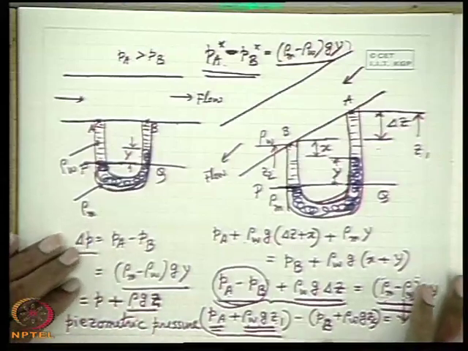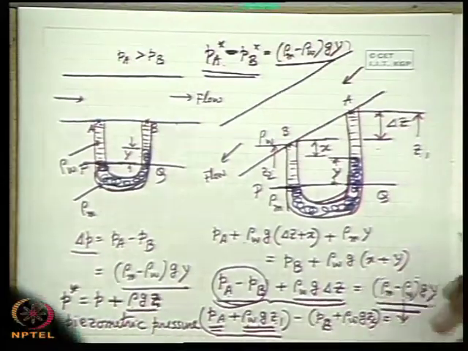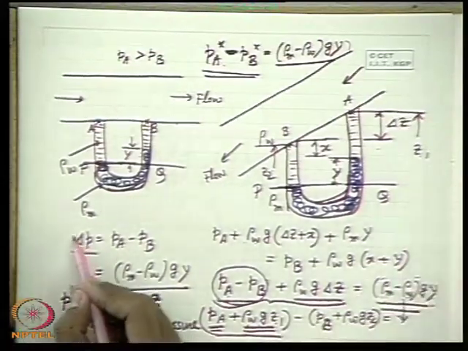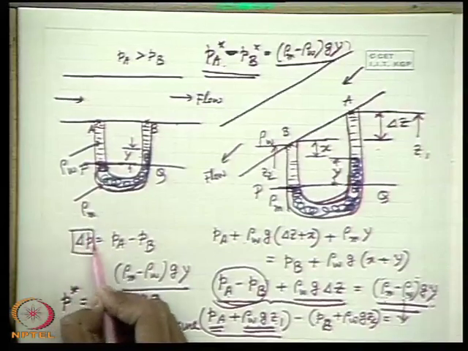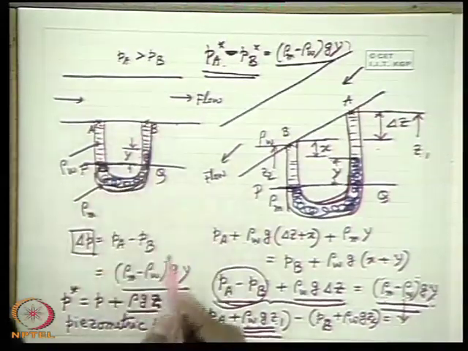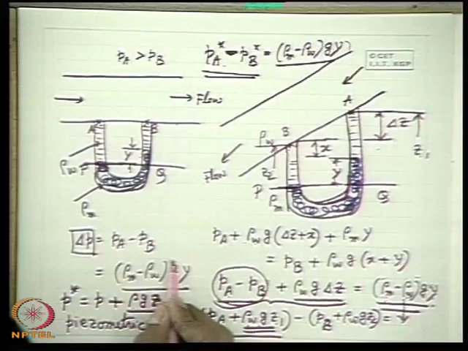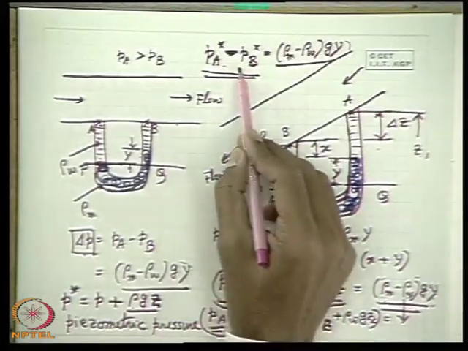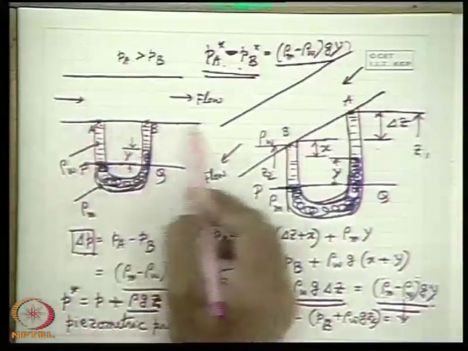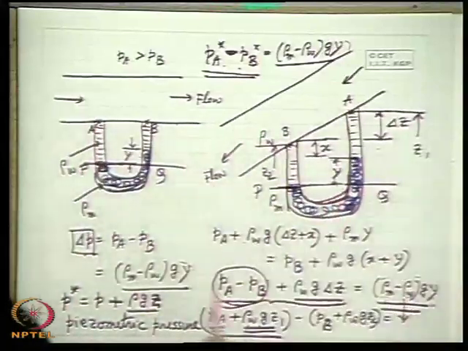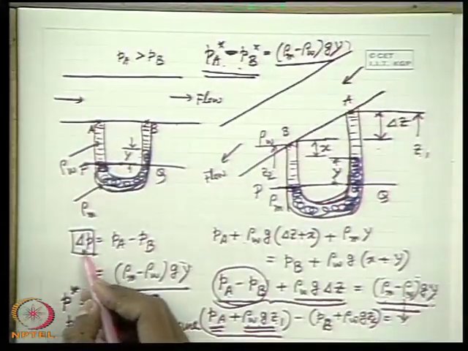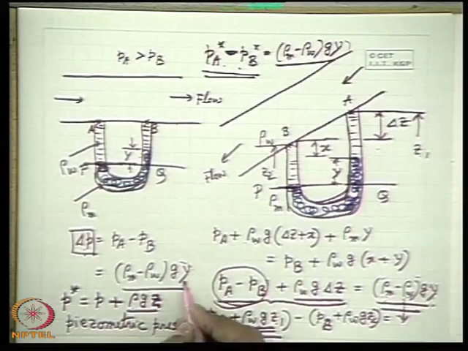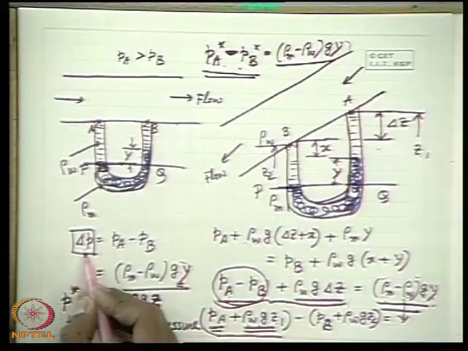Now next we come to the next part. Here we see that basically the pressure difference between 2 points in a fluid flow is measured by a manometer basically by this equation. Either it is a static pressure difference or it is a piezometric pressure difference, depending upon whether the pipe is horizontal or inclined. Now if we want to measure a very small pressure difference, then what do we have? We should have a substantial value of Y for a small pressure difference.